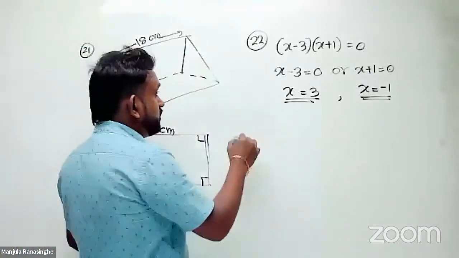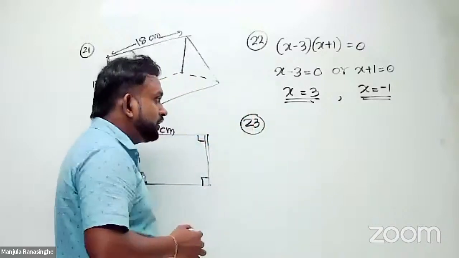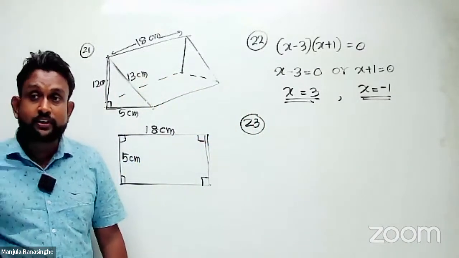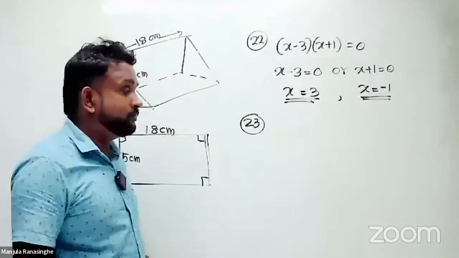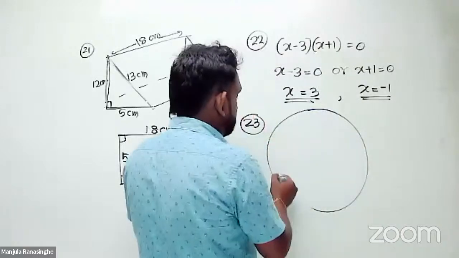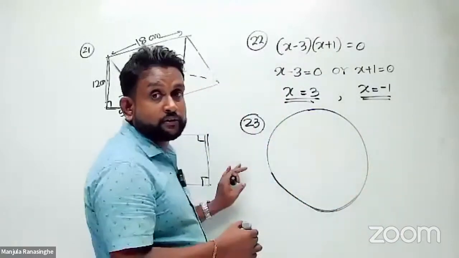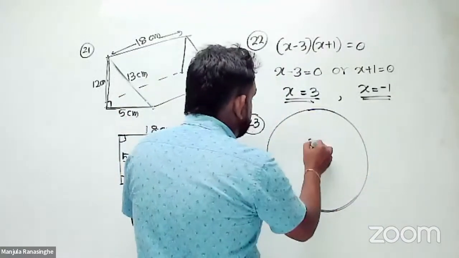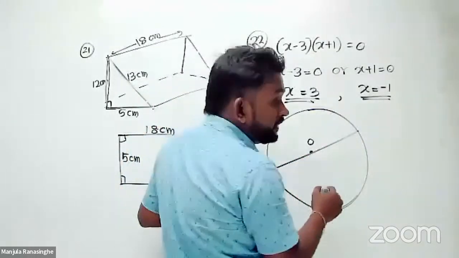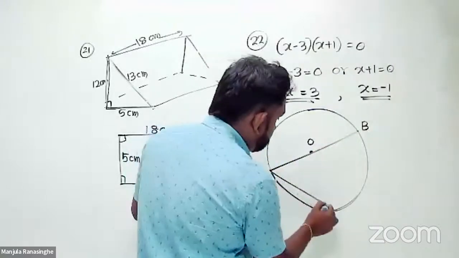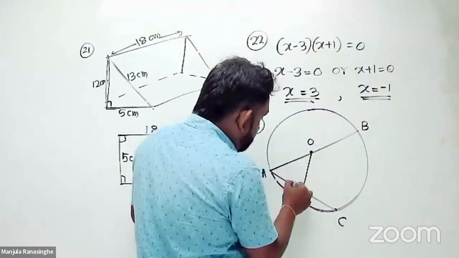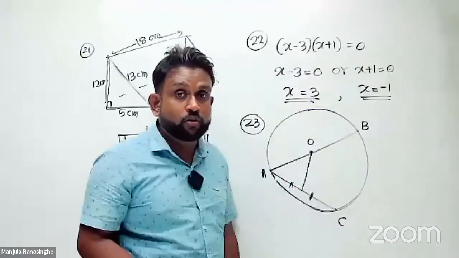Okay, question number 22 done. Now we are moving to question 23. In the circle with center O, you can see O, A, and B. And here we have C, the midpoint of the chord.